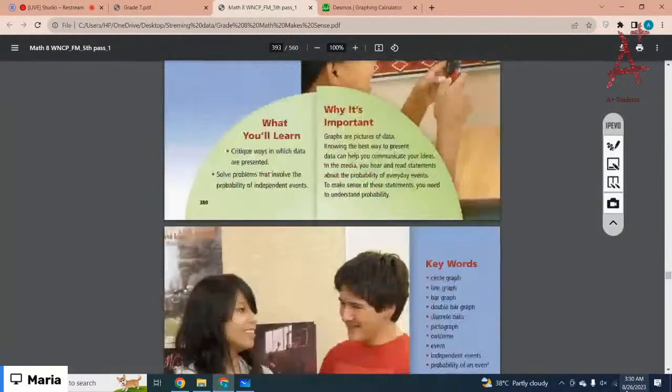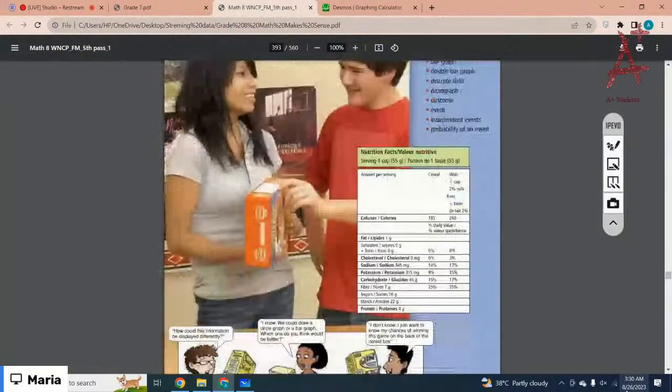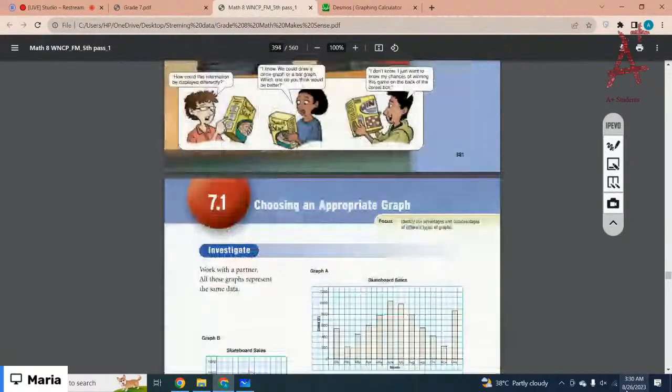Let's just start with the chapter. Lesson 1 is choosing an appropriate graph.